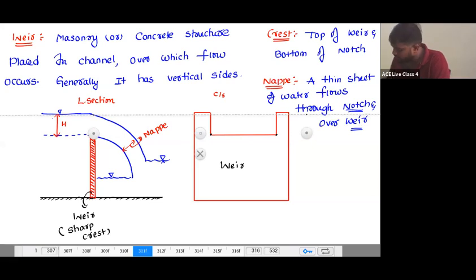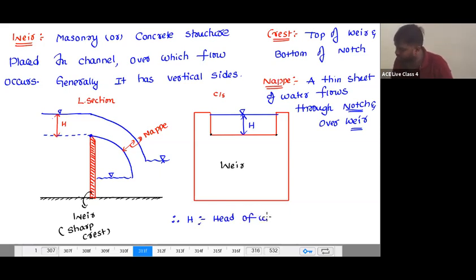This H is nothing but the head, where H is the head of water over the weir crest.